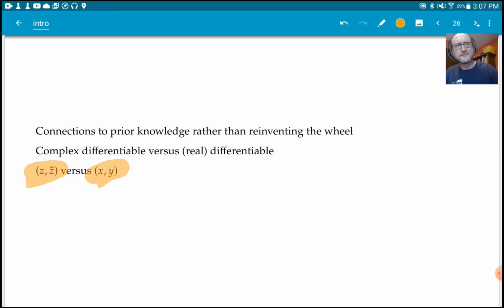The obvious way to look at C is to look at the real and imaginary parts and think of it as R2, but it's almost better to think in terms of z and its conjugate as your coordinates on C, which is not quite right, because they're not independent variables. But a lot of times you can act as if they were independent variables. So we're going to do a little bit of that, but we don't want to overdo it. This appears in a lot of the exercises, for example.